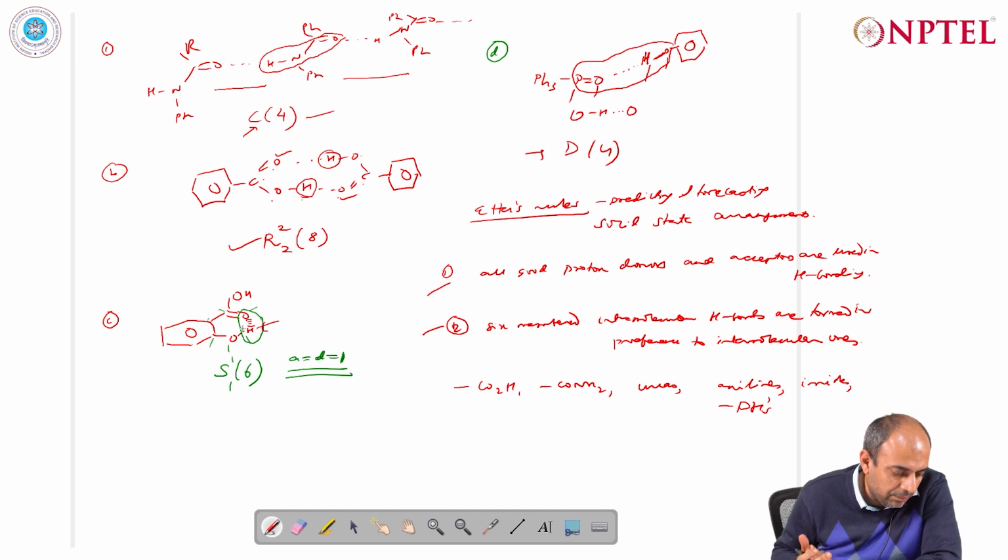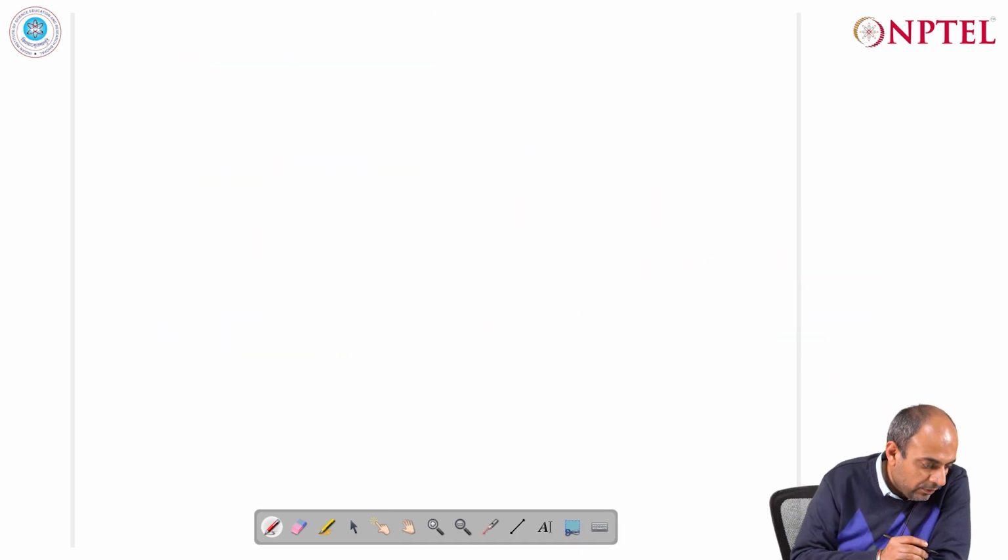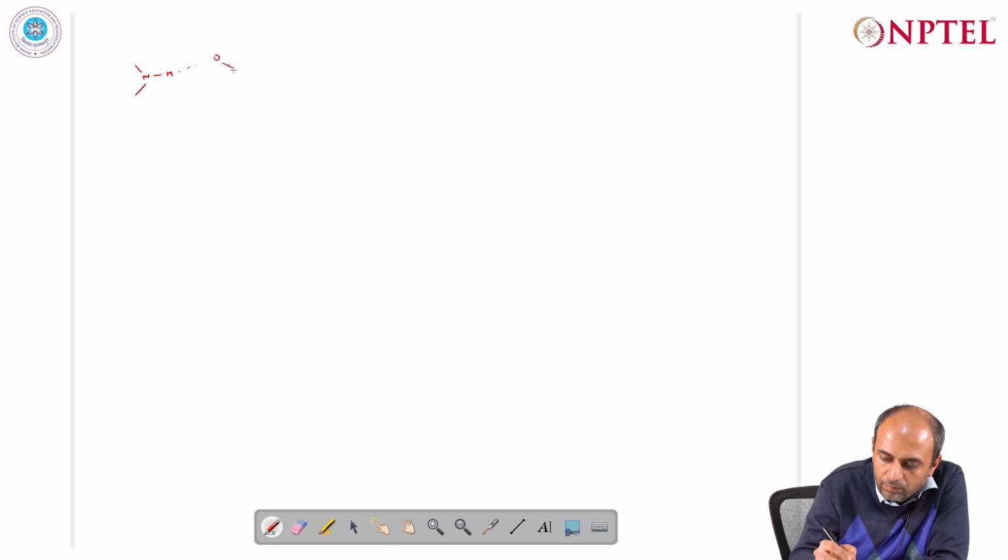And let us take up some more examples of applications of graph set analysis. For example, we can consider NH interacting with, we looked at this motif.